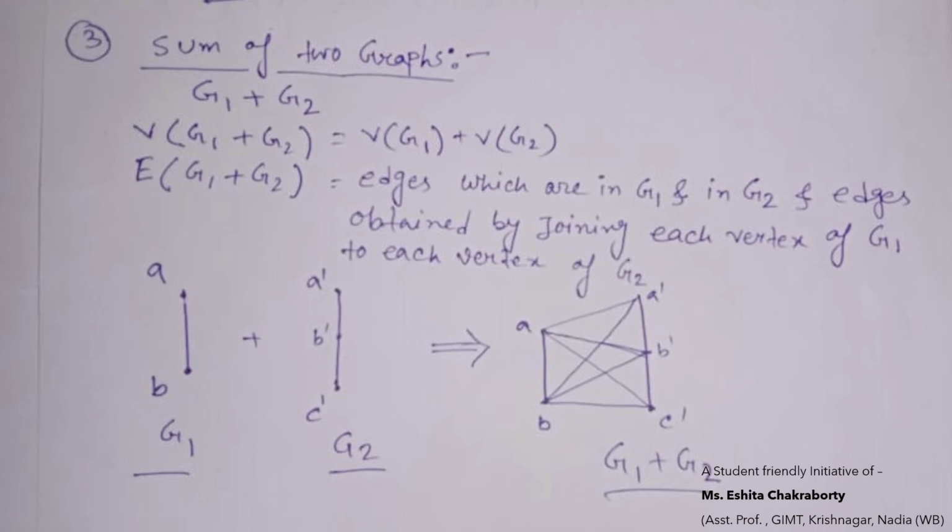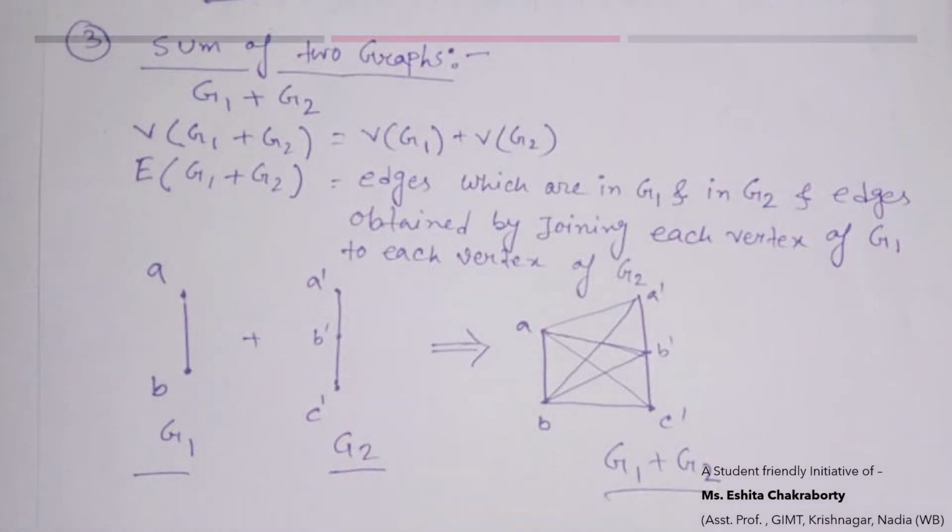Just like we join the vertex A with the vertices A dash, B dash and C dash, and also we join the vertex B with A dash, B dash and C dash. So this is the sum of two graphs.